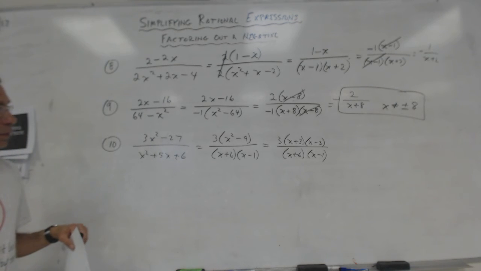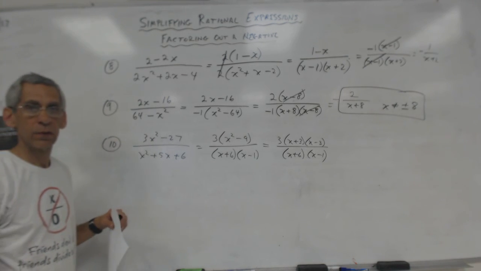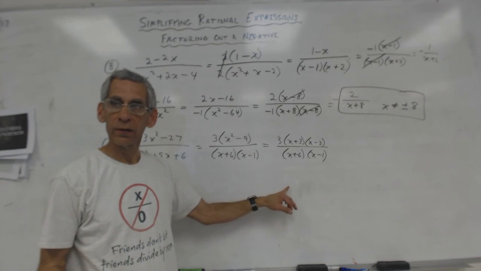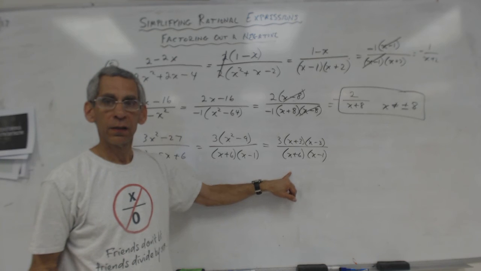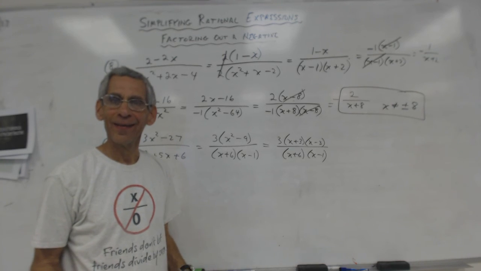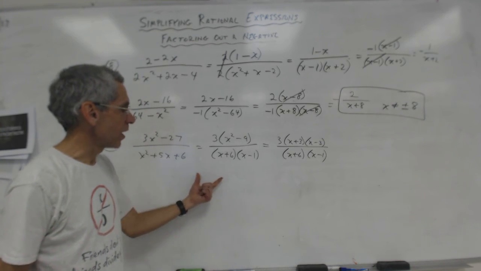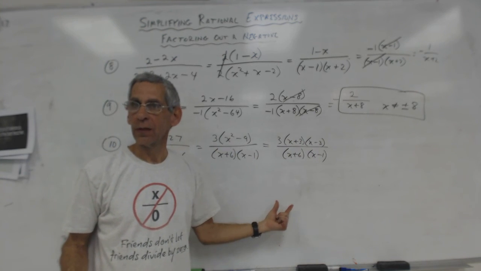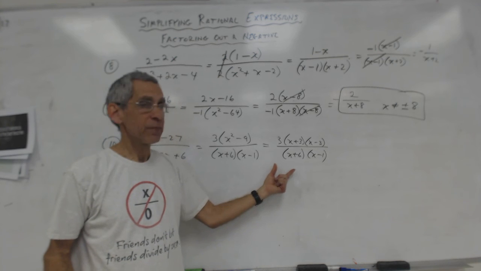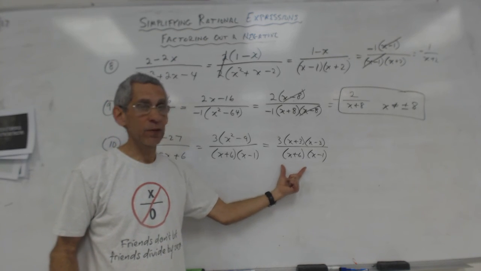Now what can I do? You can't really do anything. Did we do everything right? Yes. So we can't cancel anything. Sometimes you won't have terms that are the same, and so you just have to leave them like that. I recommend you keep them in factored form.